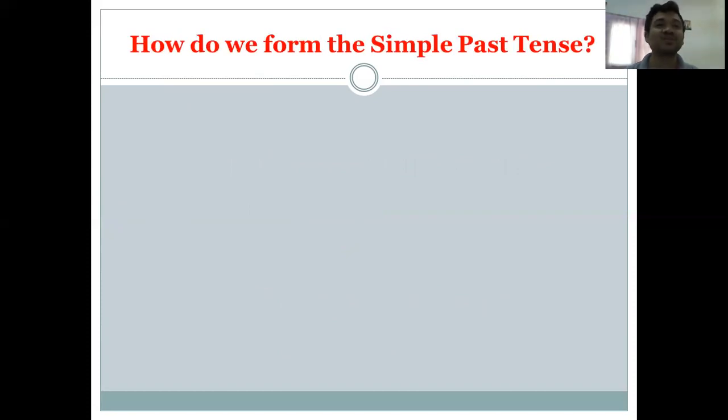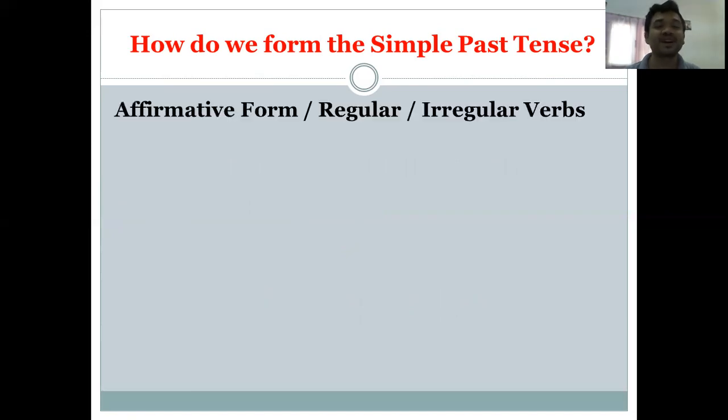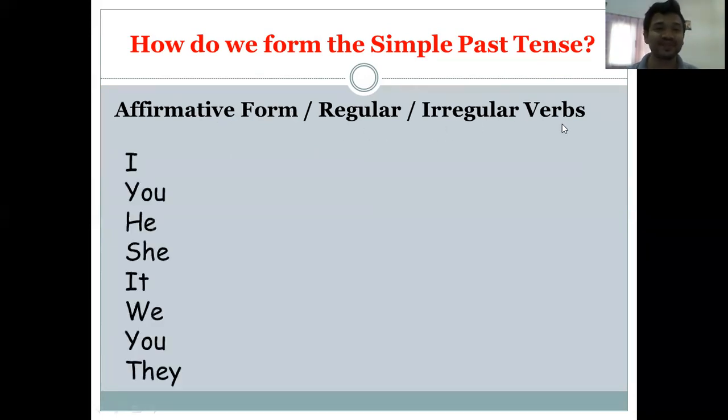How to make a sentence, how to make a yes or no question, and a WH question. Let's start first with the affirmative form. When you say affirmative, it is simply known as a positive sentence. So affirmative or positive form using regular verbs and irregular verbs. We have here the pronouns, also known as the subject: I, you, he, she, it, we, you, and they.